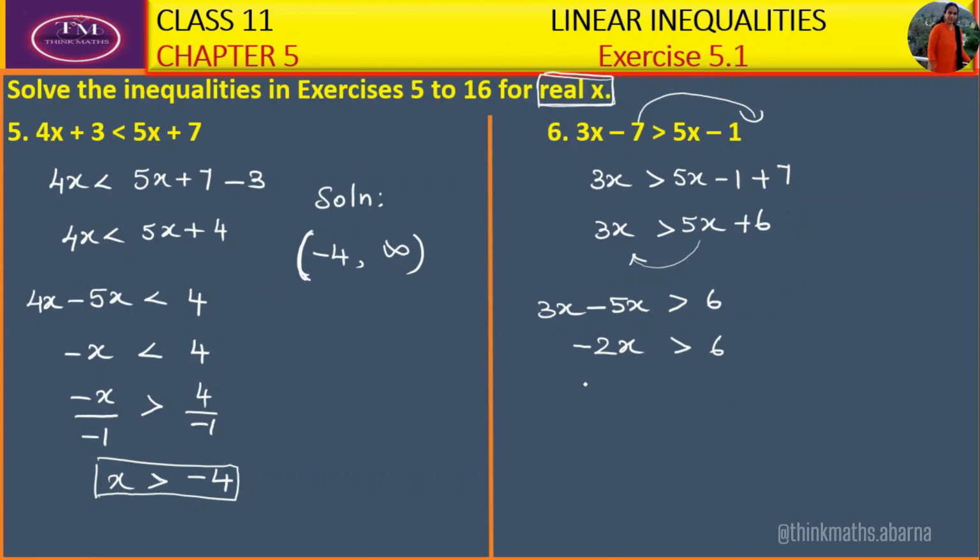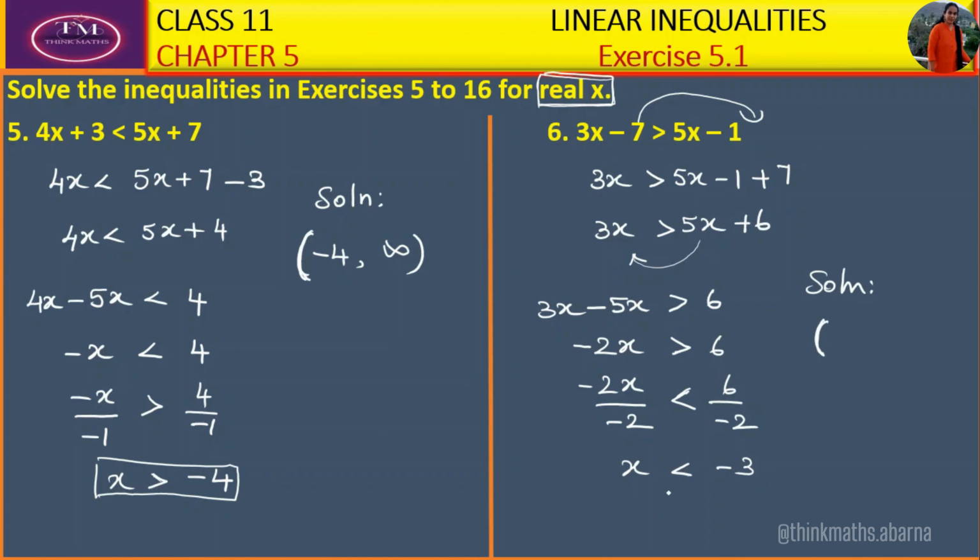Now to remove this minus 2, we will divide by minus 2. As we are dividing by a negative number, this greater than will change to less than. It is reversed. So 6 by minus 2. So x will be less than 6 by minus 2, which is minus 3. So now what is the solution?